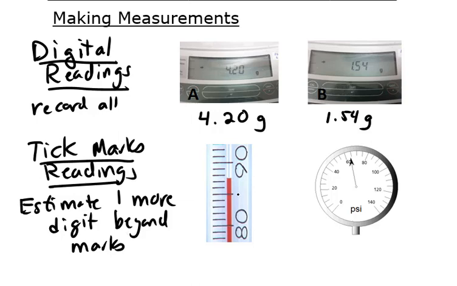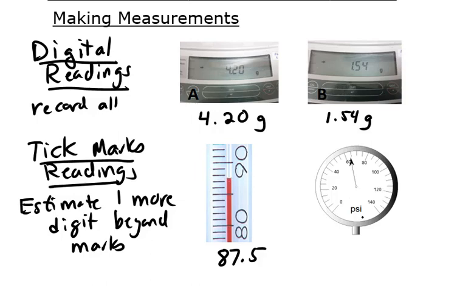For example, on this thermometer, you can see that the red is between 87 and 88. So we know it's 87 something, and we can estimate about how far it is between the two. You might say that's 87.5. The 5 is our estimate of the last digit, and we put that in there because we can see it's not right on 87, that would be 87.0. It's not right on 88, that would be 88.0. Instead, it's about halfway between.